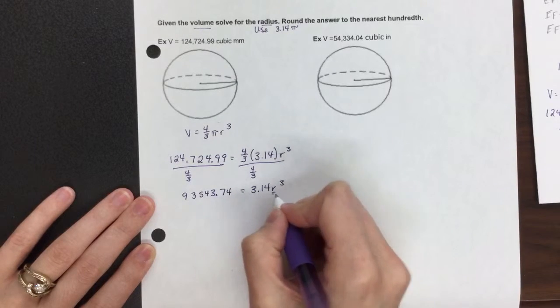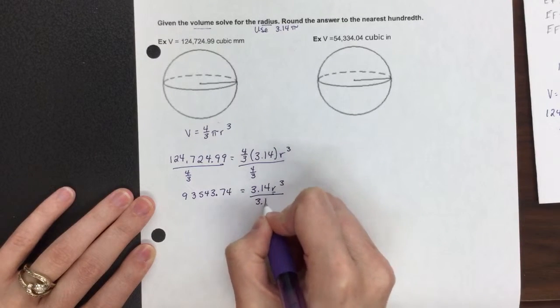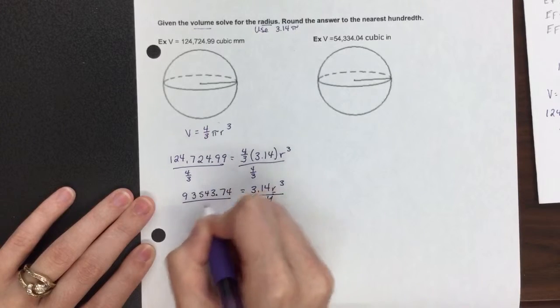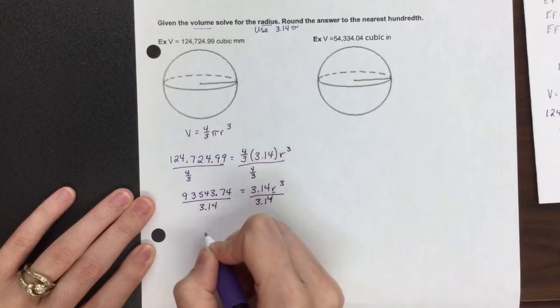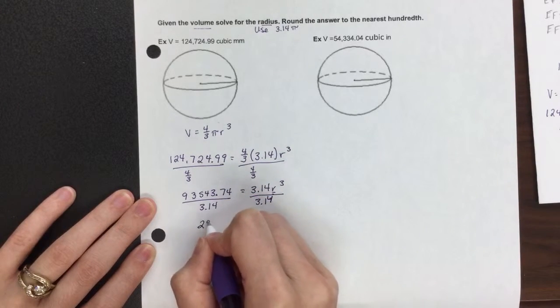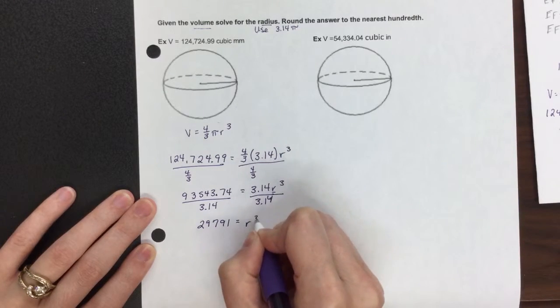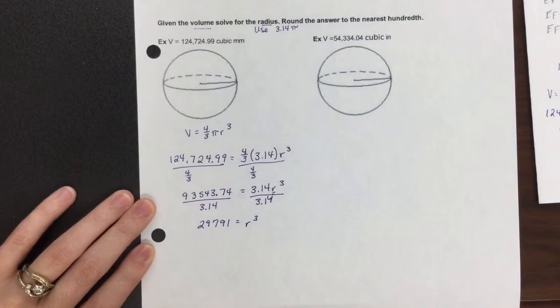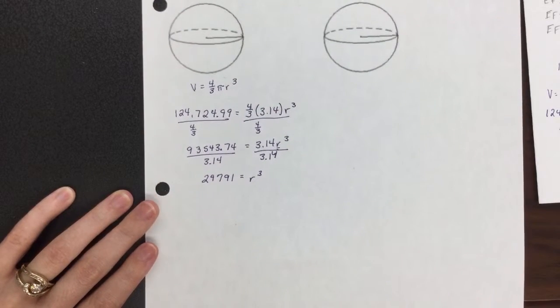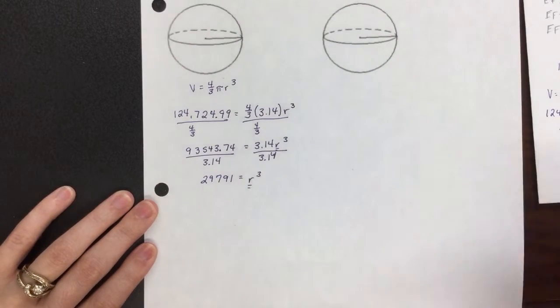We want the r cubed all by itself, so divide both sides by the 3.14, which leaves us with 29,791 is going to be equal to r cubed. So we're not interested in what r cubed is, we want to know what just the radius is.